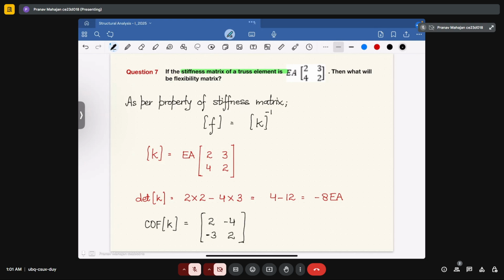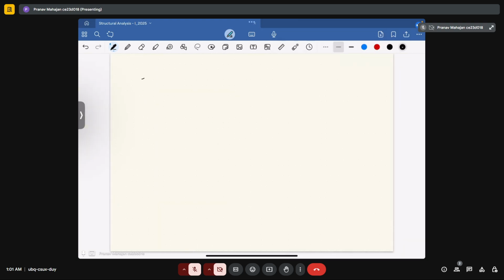Now you are expected to calculate the adjoint of this K matrix. So adjoint of K is equal to the cofactor of K transpose. That will be equal to 2, minus 3, minus 4, and again 2.